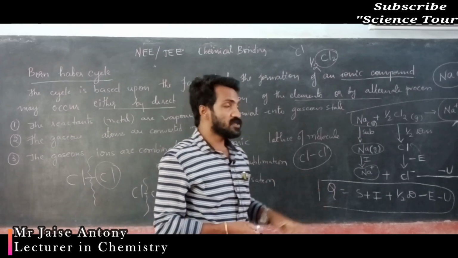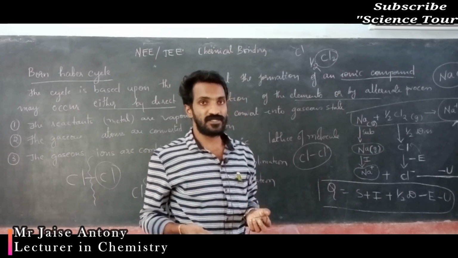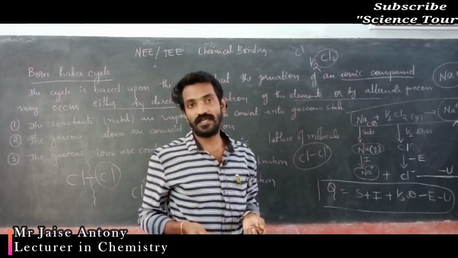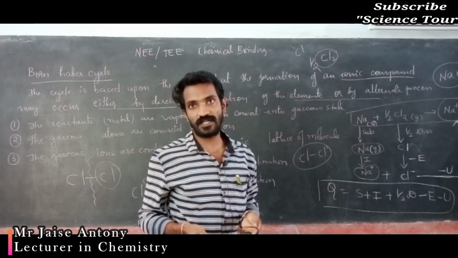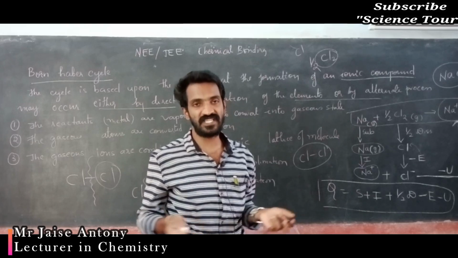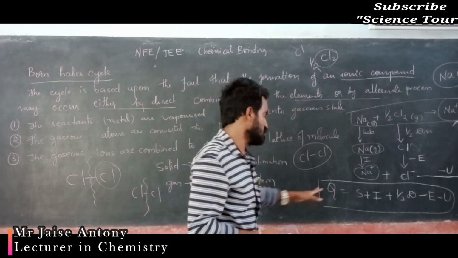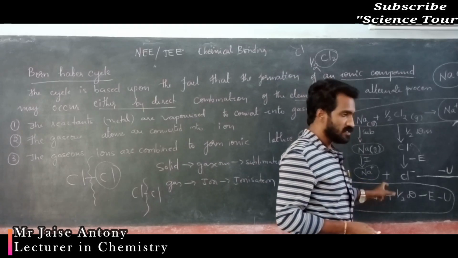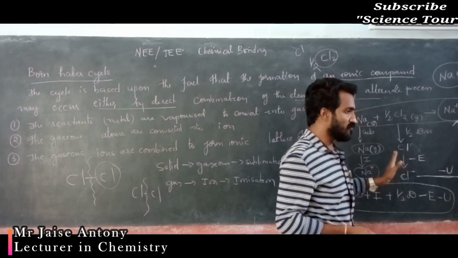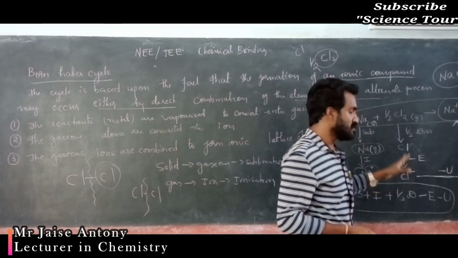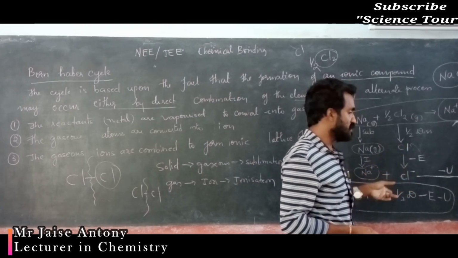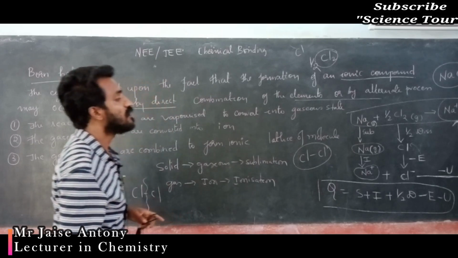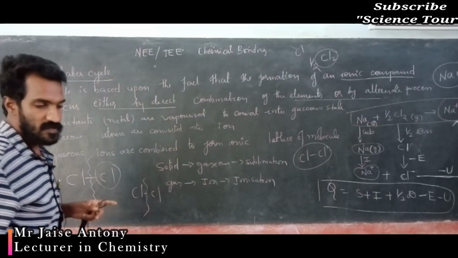Q means total enthalpy change, total heat change or total energy change. Total energy change is equal to sublimation energy plus ionization energy plus half of dissociation energy minus E, which means electron affinity, minus U, which is nothing but lattice energy.